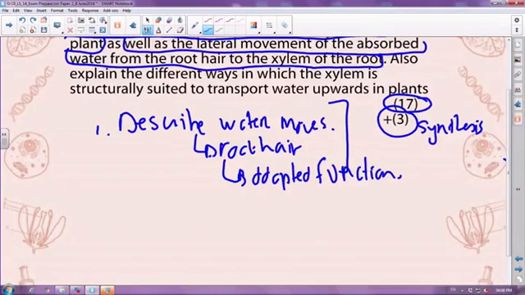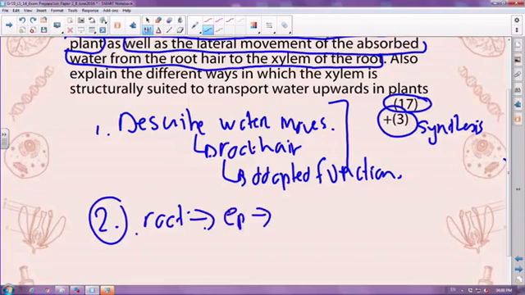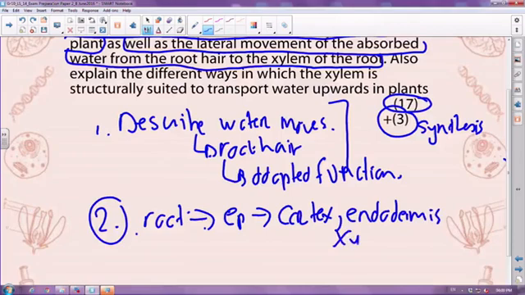Okay, remember, this is not your essay, this is just getting your points across. What's the next thing I'm going to say? I'm going to talk about how it goes from the root hair, through the epidermis, through the cortex of the root, through the endodermis, you see, I'm putting words down, till it gets to the xylem.